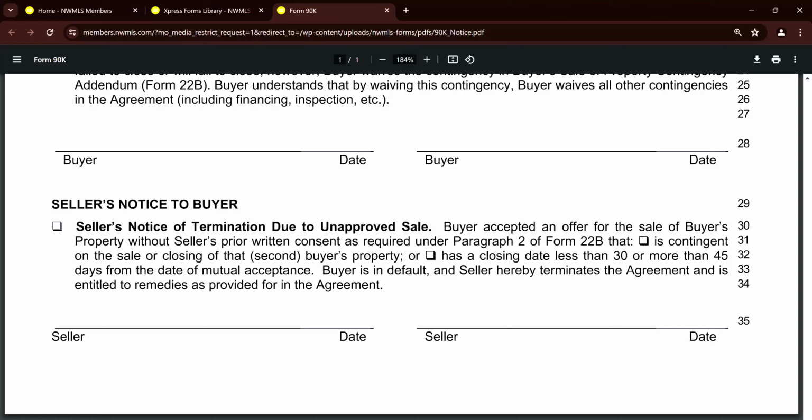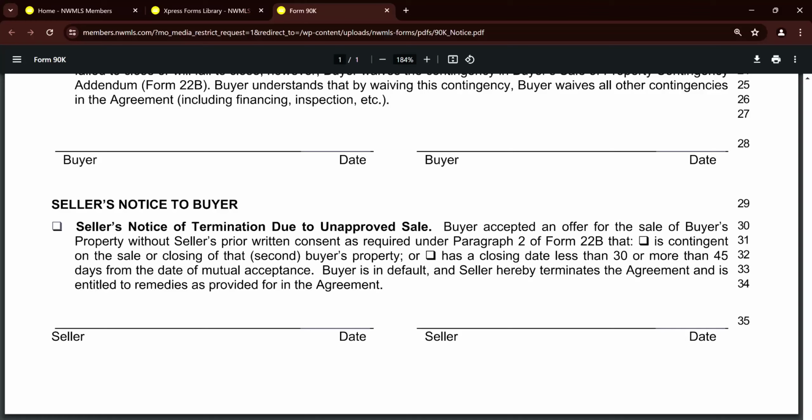Is 29 earlier than 30 days? Yeah. Who's got to grant permission on that? Seller. Now the seller can say, you're in breach, buyer. You just accepted a deal on your house with a 29-day closing date. Nope, I needed to bless that offer before you accepted it.